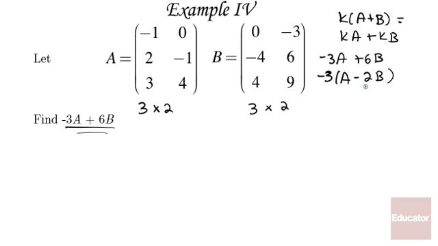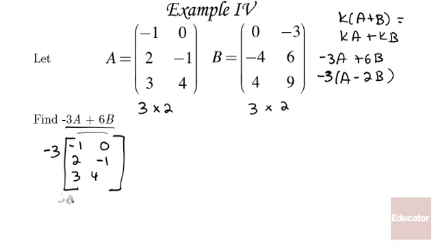Okay, so starting out, the first thing we're going to need to do is multiply A by the scalar negative 3. I want to find negative 3A.